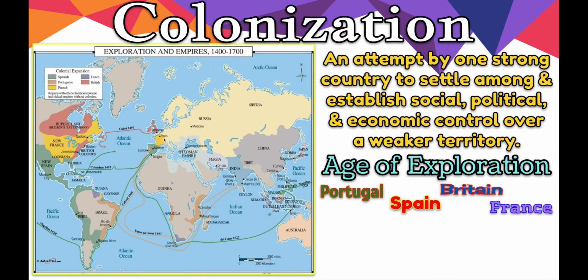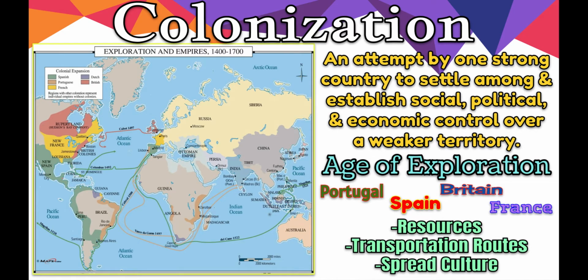Those are the two that we're going to focus on mostly. What were they looking for? They're looking for resources: spices, silk, all kinds of things, and transportation routes. These explorers set out trying to find the quickest way to get to the east from Western Europe.